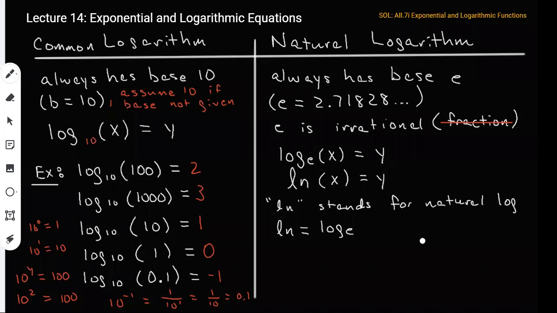All right, now when you do equations, what you want to do is you want to do the opposites. So if you see a logarithm, you're going to want to do an exponential. And the opposite is also true. If you see an exponential function, you want to use a logarithm to kind of neutralize it. So that way, those two functions will cancel each other out.